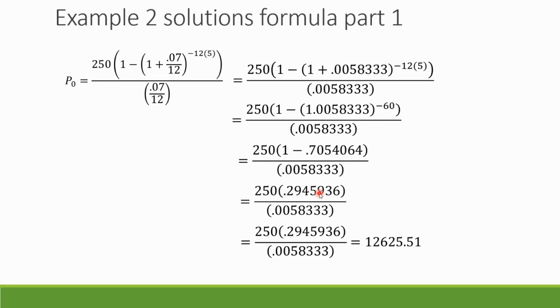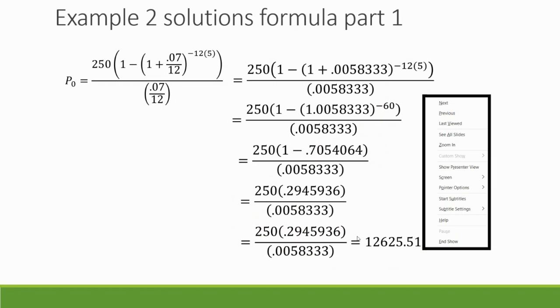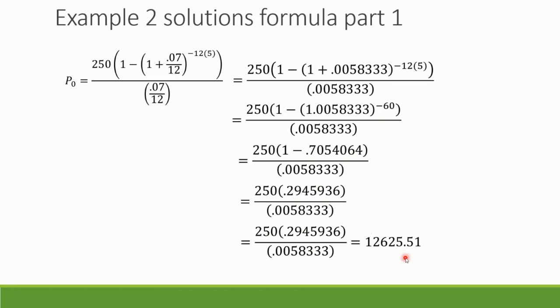Now we're ready to carry out the product and the quotient. We do this big product on top and then the quotient, we divide. We end up getting this amount. So that's how big a loan she can get.